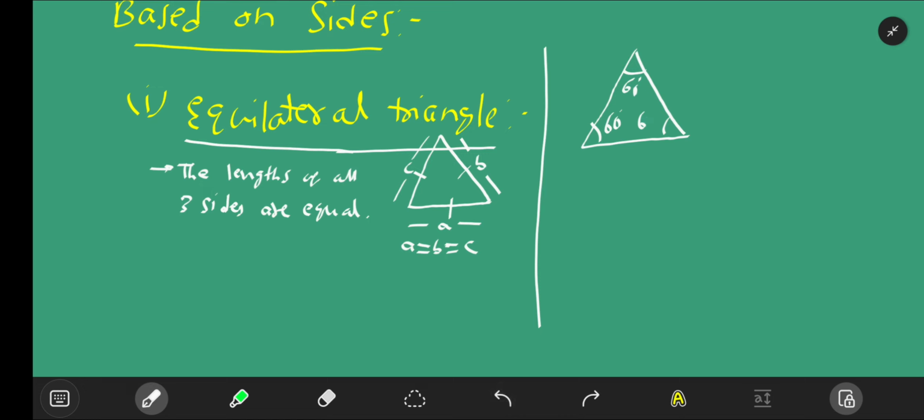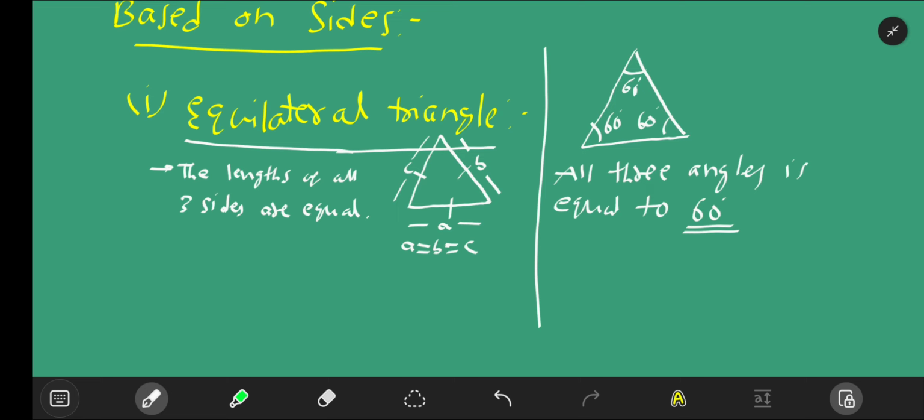All three angles are equal to 60 degrees. You have to remember this point.